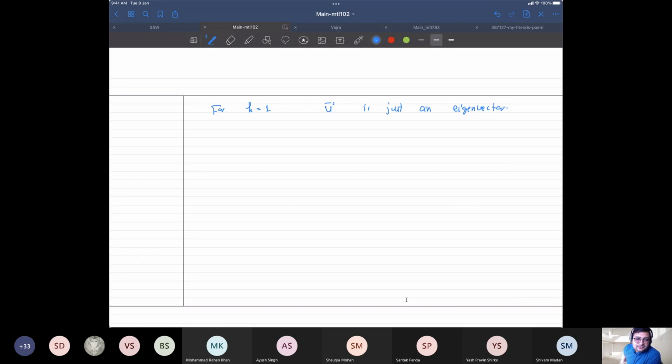Now if K is not equal to 1, then we define a sequence, something like in an inverse way, something like this.